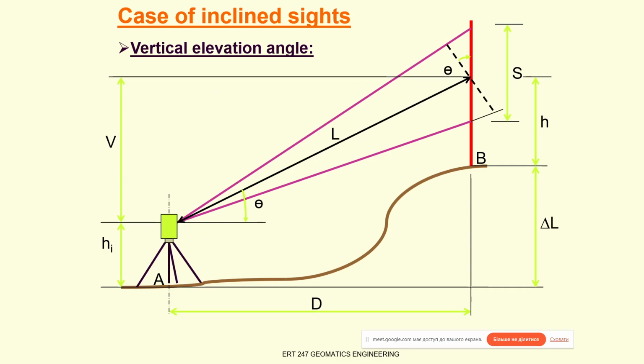Here you can see the same figure on a bigger scale: the tachyometer, the staff, the distance between the hairs of the crosshairs, and the horizontal distance and vertical distance.